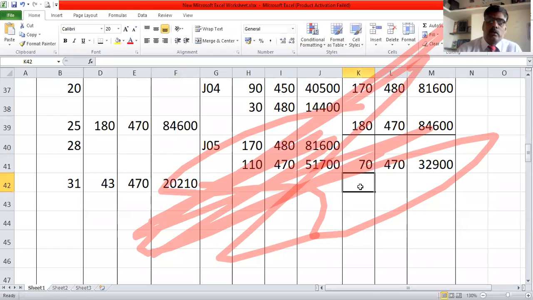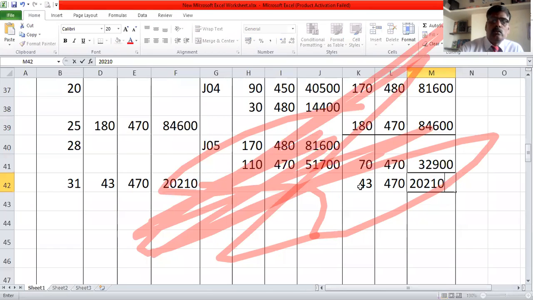Then you take to the balance column, 43 at the rate of 470, amount is 20,210. Okay, this is the total.